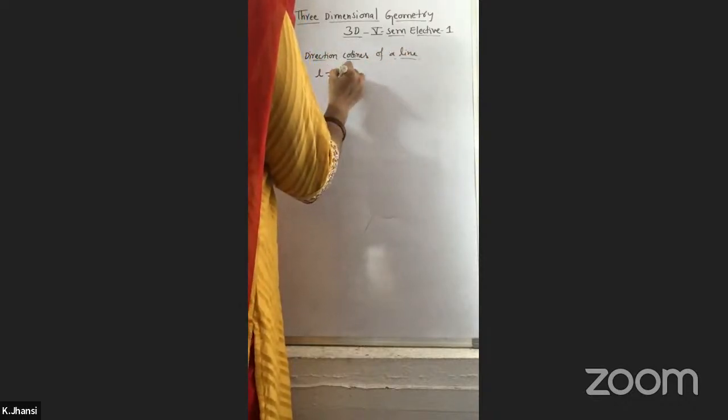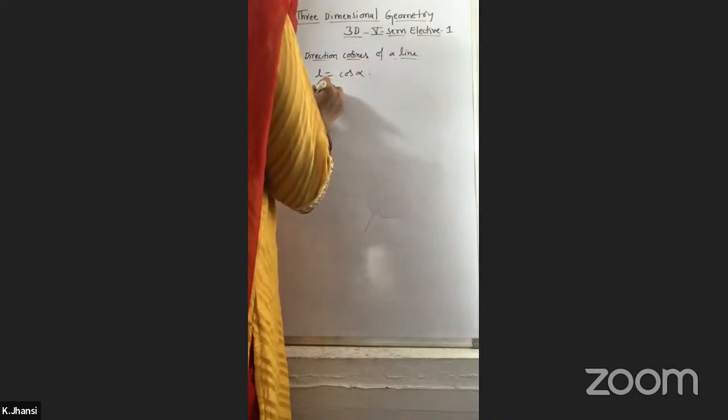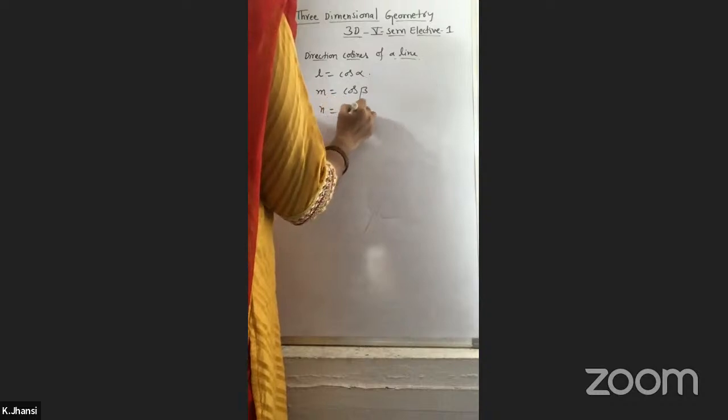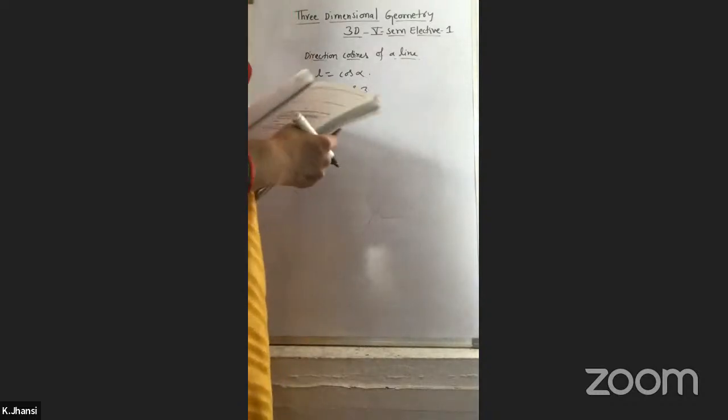So l equals cos alpha, m equals cos beta, n equals cos gamma.